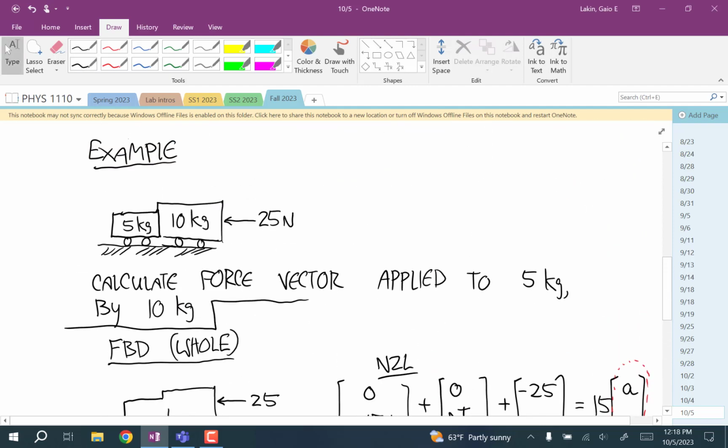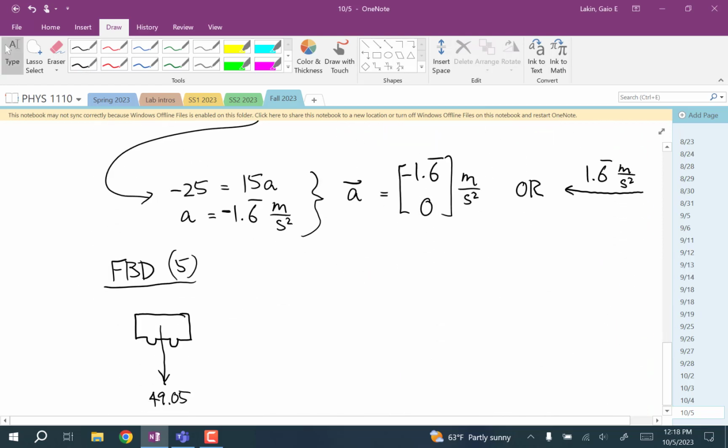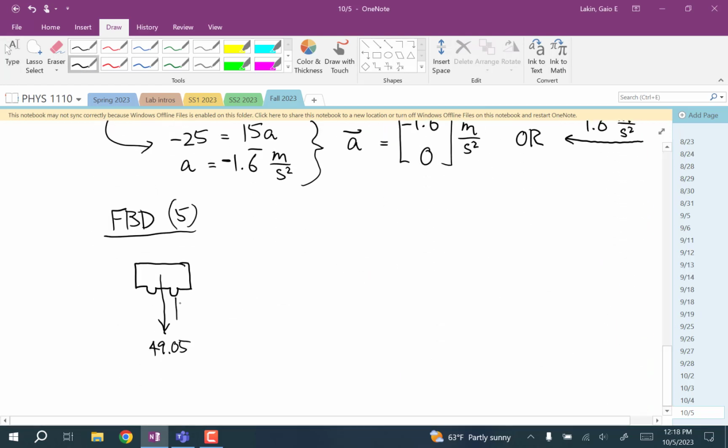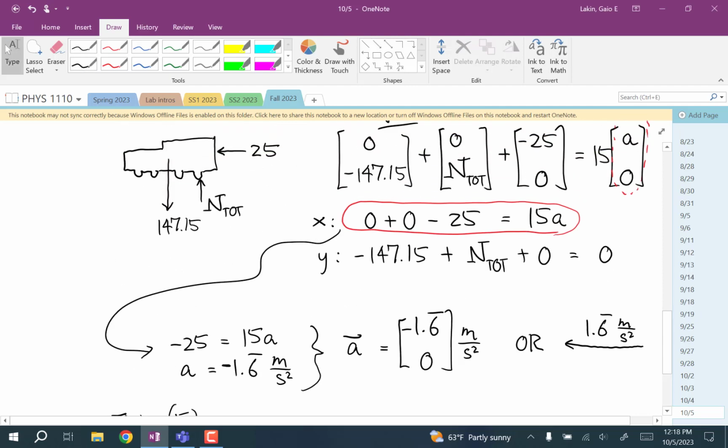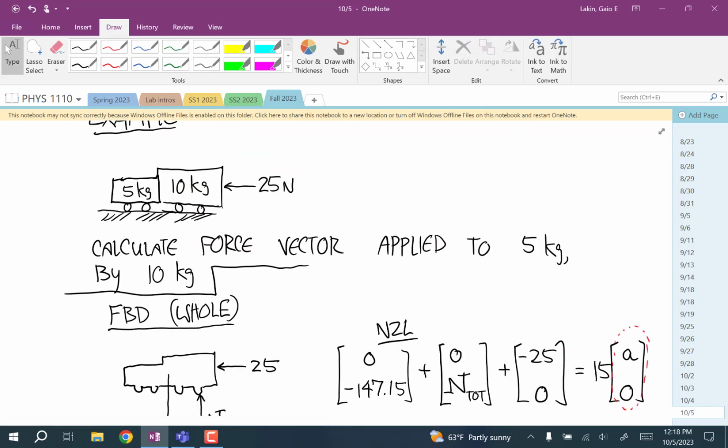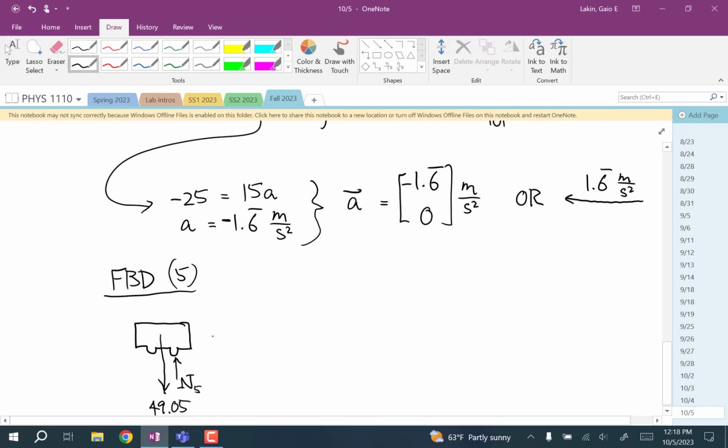And now the contact forces. There's a pushing force from the ground. I'll call that N5. And there's also a pushing force from the 10. I'll call that R.